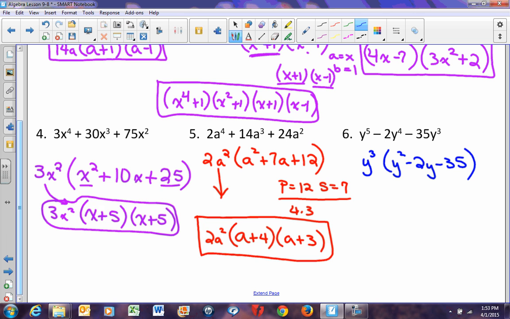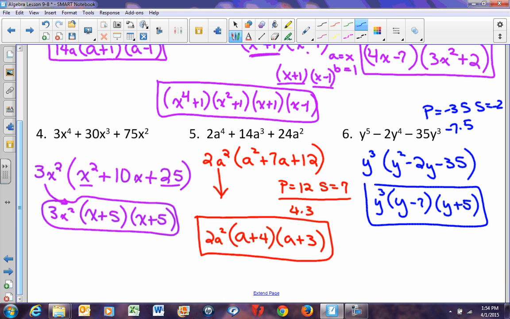So I need a product of negative 35 and a sum of negative 2. 7 and 5, I'm thinking negative 7 and positive 5. So that would give me negative 35, and that would give me negative 2. So I'm going to have y minus 7 times y plus 5, and of course my greatest common factor is y to the 3rd. And then I am done at that point in time.